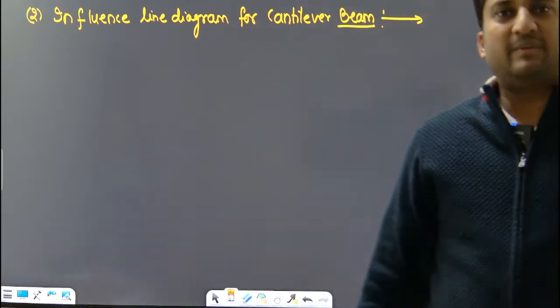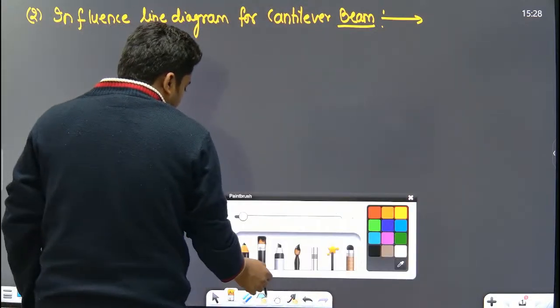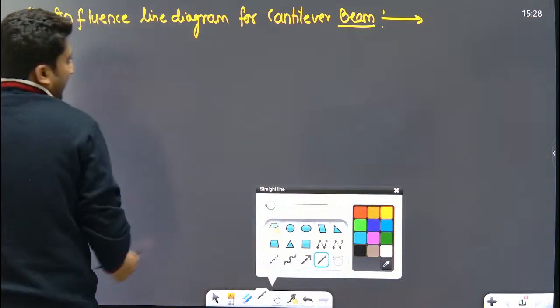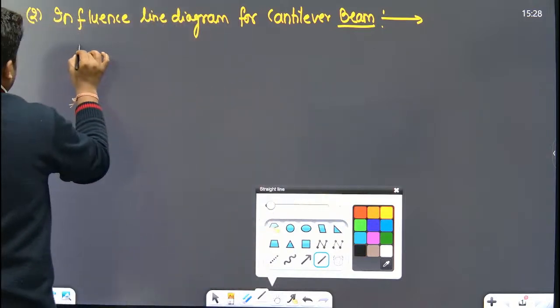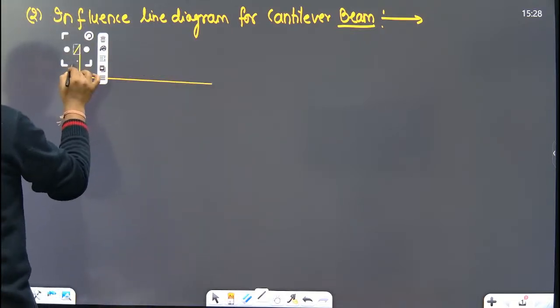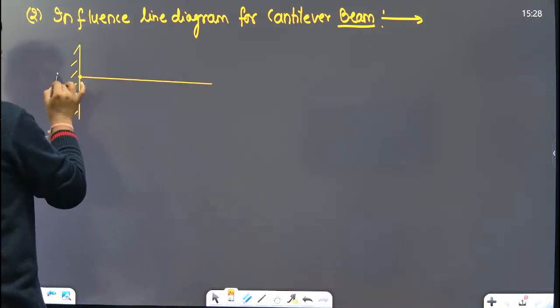Let us suppose this is your cantilever beam. Understood? This is the fixed end. This is point A and this is point B.